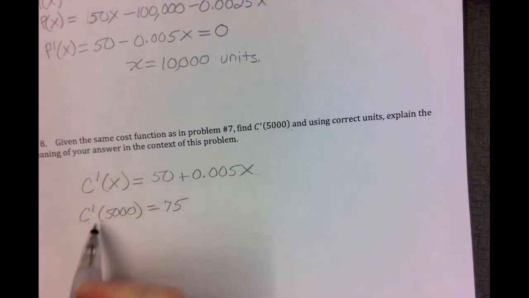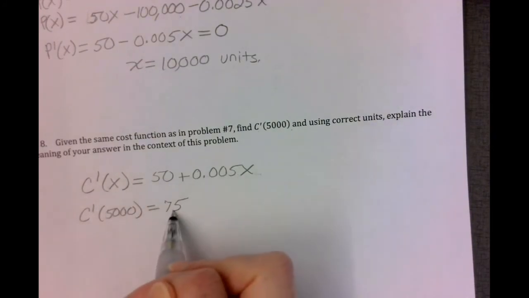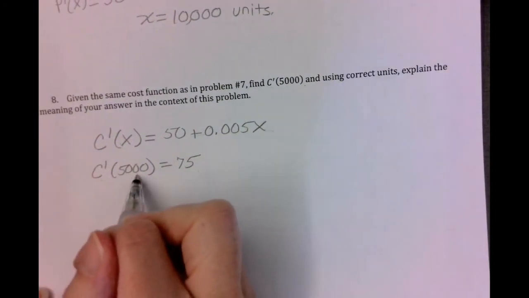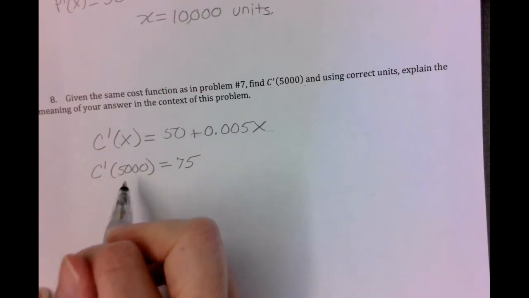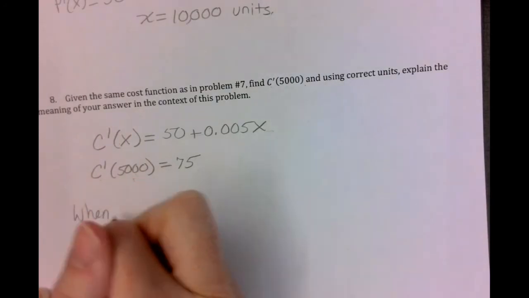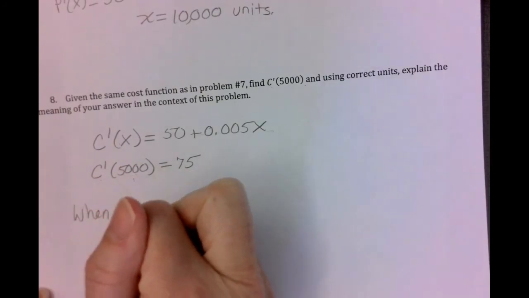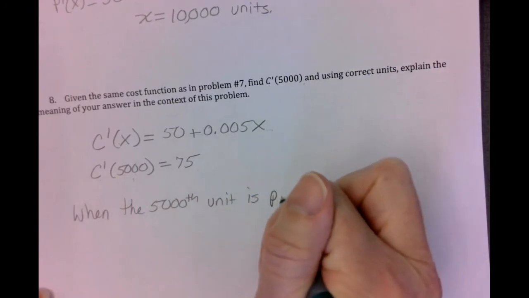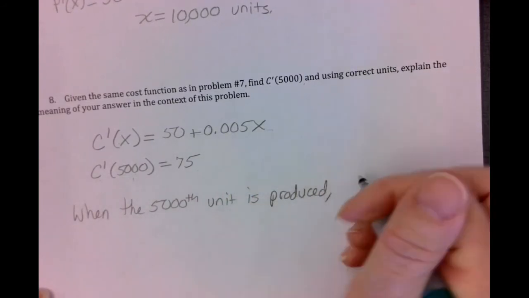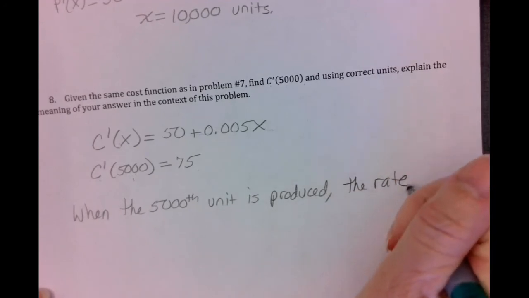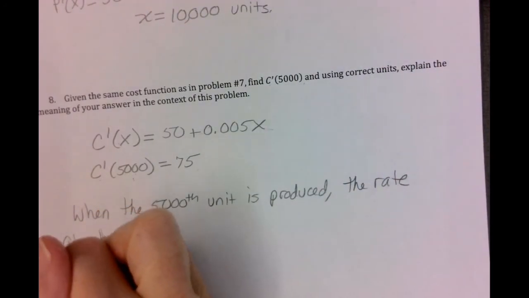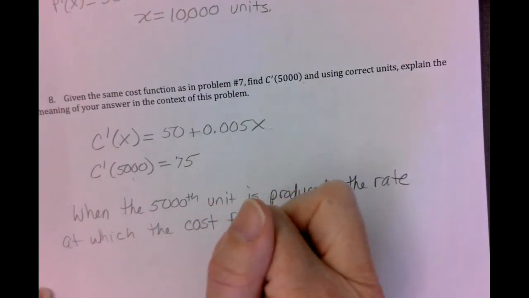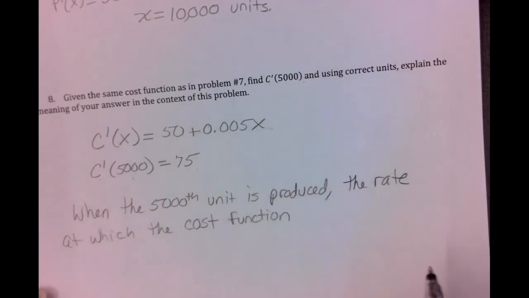Well, what does that mean? That's a derivative. That means an instantaneous rate or moment. So we're going to say when, at, on. So when the 5,000th unit is produced, the rate, because derivatives are rates, at which the, referring to our function, which is the cost function, is changing, or in this case, because it's positive, I'm going to say is increasing, but you can say is changing.